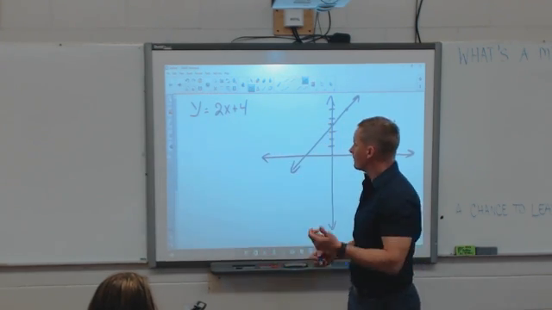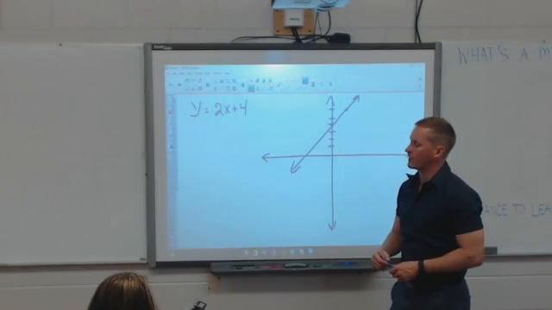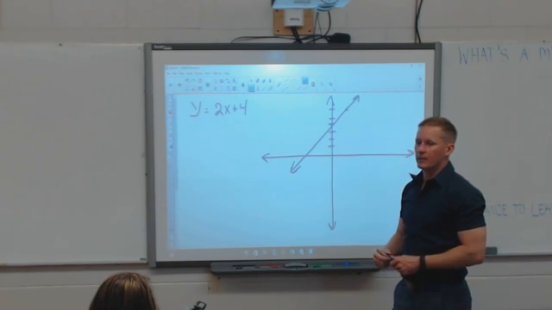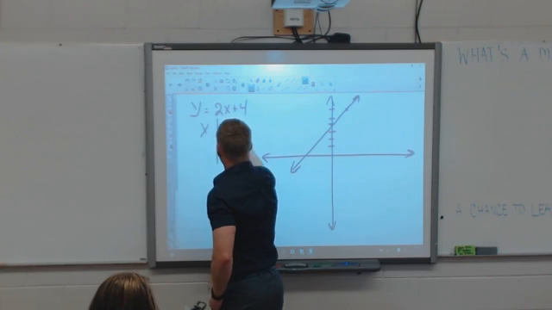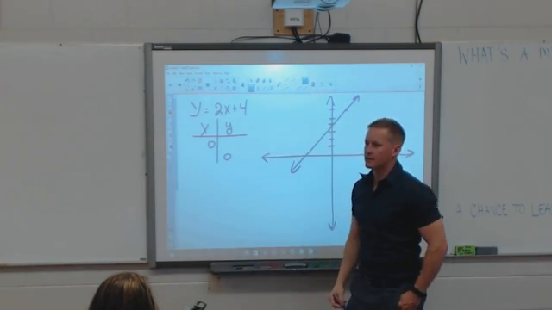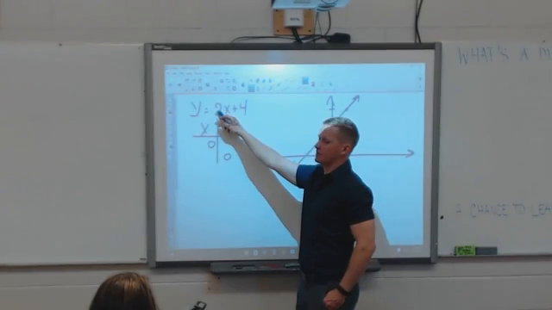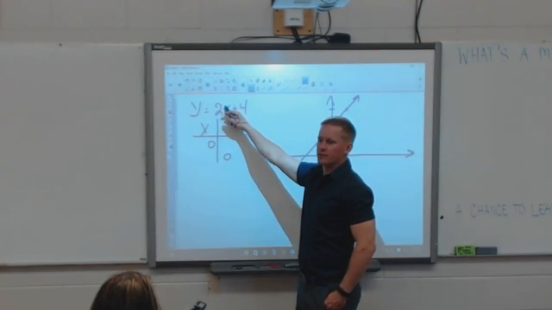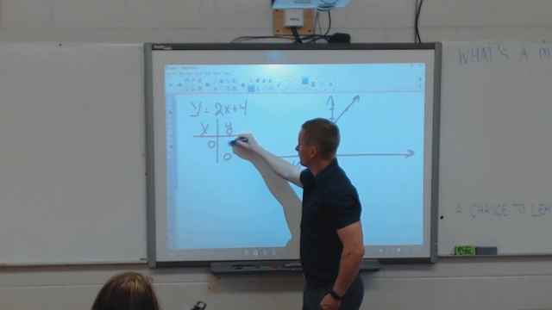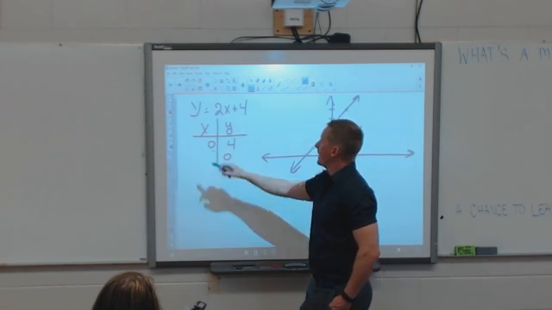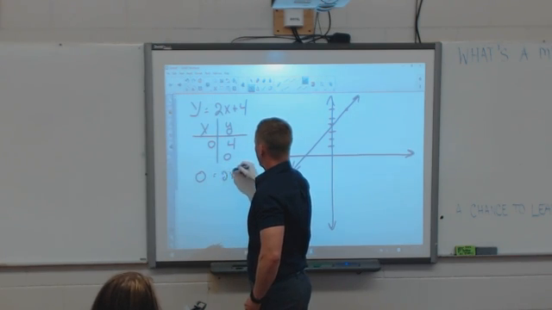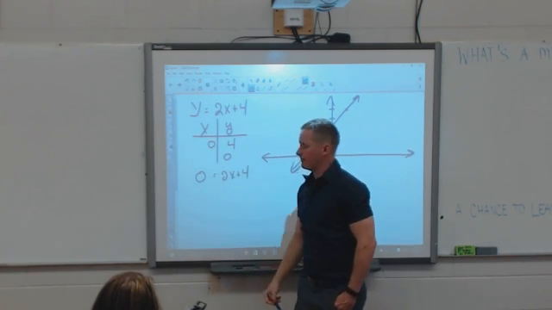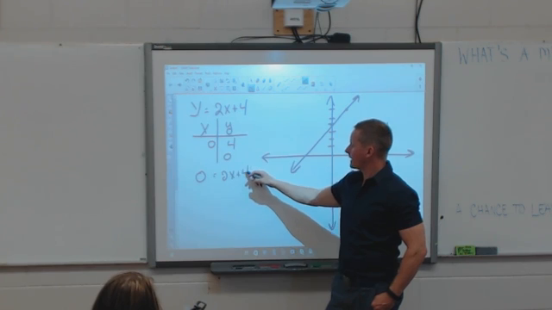All right, so there's method number 1 of graphing, using your y-intercept and then your slope. Your second method is to find both intercepts. So put 0 in for x and solve for y. So 0 times 2 is what? 0. 0 add 4 is 4. Then I put 0 in for y here. I need to solve for x.